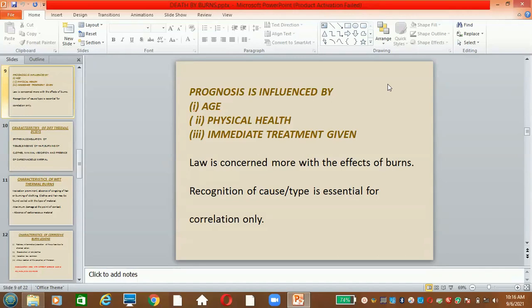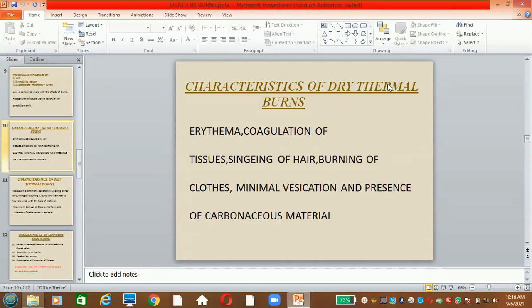Law is more concerned with the effects of burns rather than the cause. Recognition of cause and type is essential only for correlation. Characteristics of dry thermal burns.